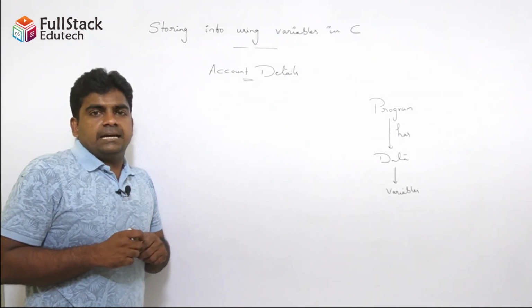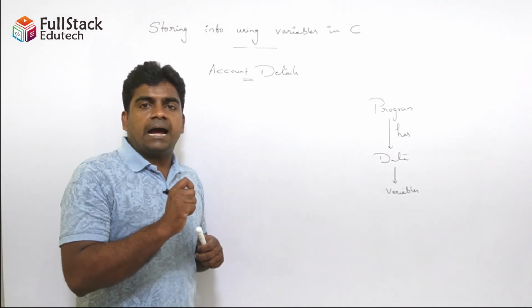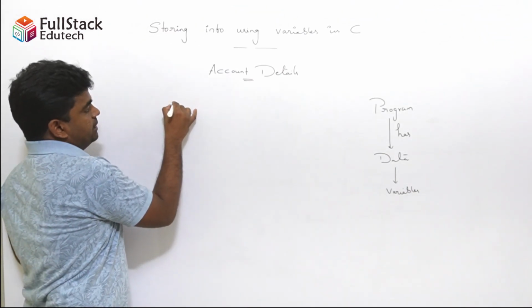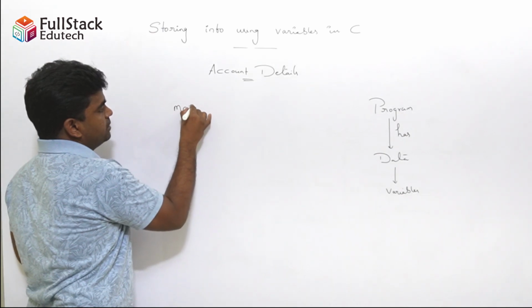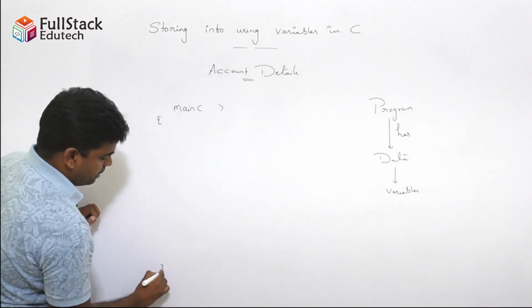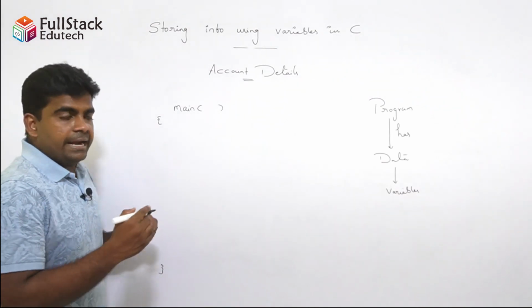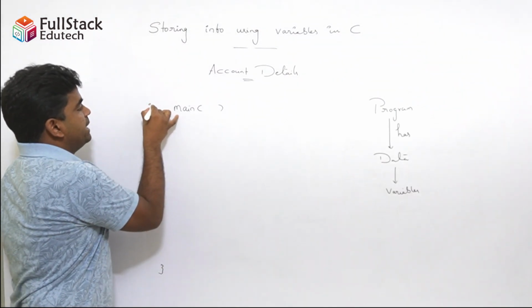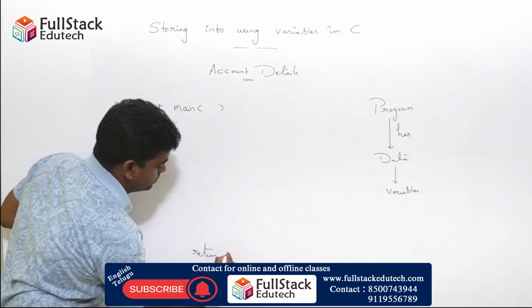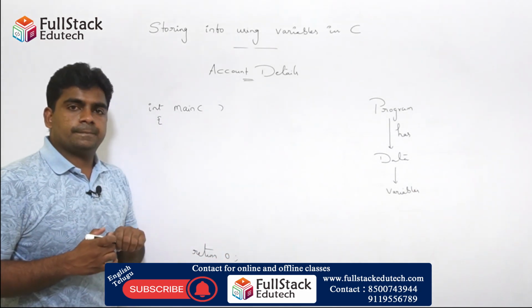We already discussed that program execution starts from the main function. Main is a function, program execution automatically starts from main, and the return type of main is integer, so we need to return some integer value.